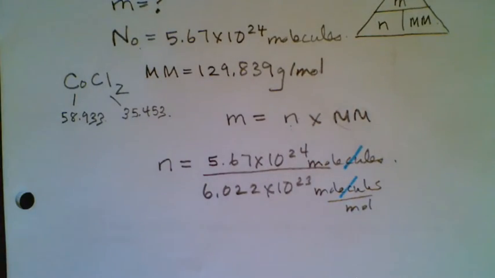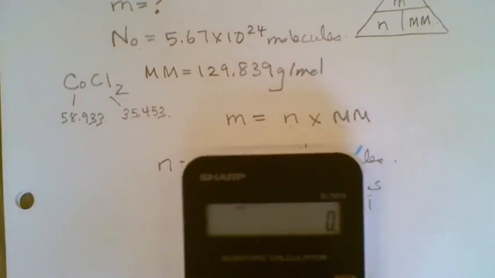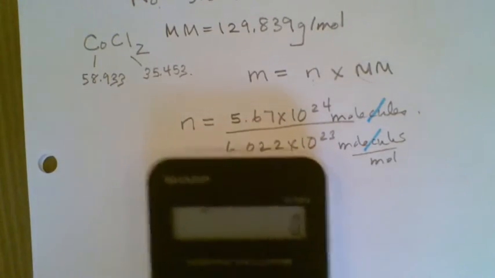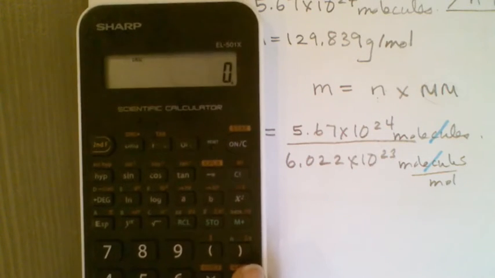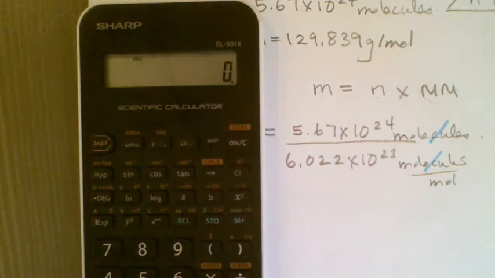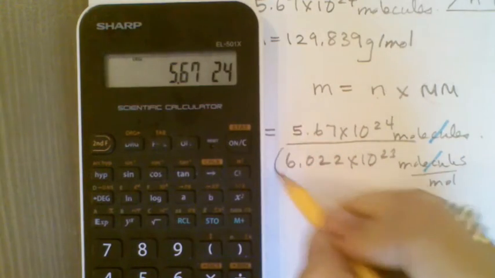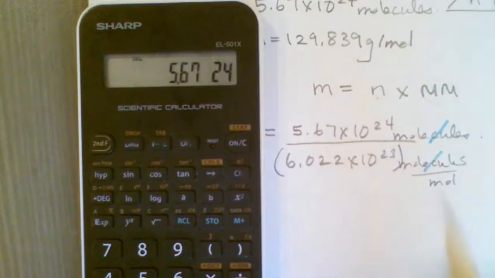Now let's see how I enter this on my calculator. Okay, let's see if I can get that into focus so that you can see what I'm doing. I'm going to enter 5.67 exp, which means exponent, 24. I'm going to divide. Now, I always put anything that has an exponent in brackets.